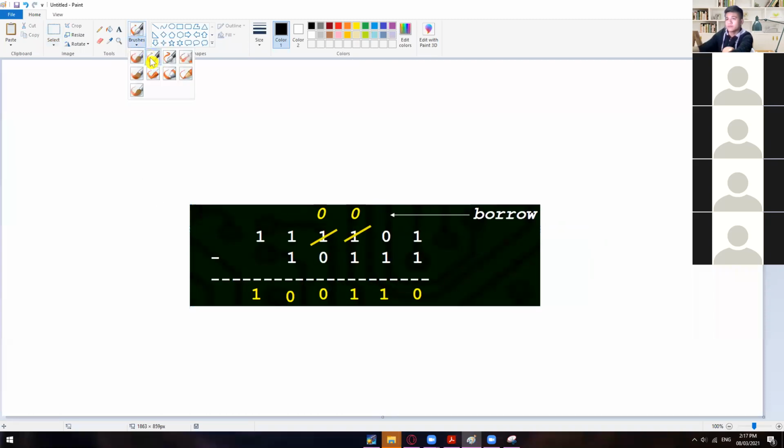All right, so from here we have 1 minus 1, which is of course 0. And then 0 minus 1 cannot be. All right, so the thing that you need to do is of course borrow from your neighbor. Okay, so your 1 here will become 0, and then your 0 here will become 11.